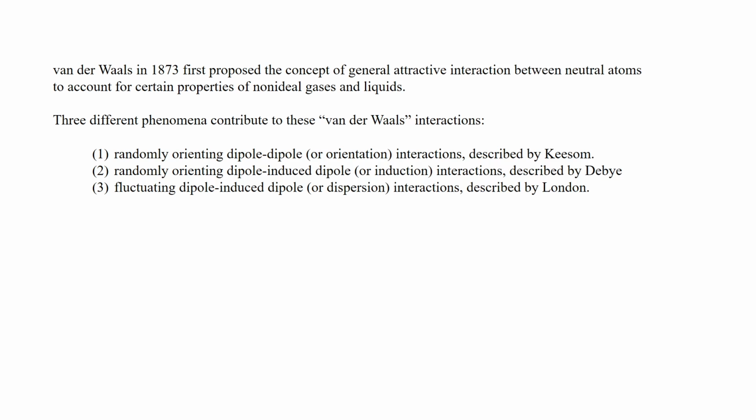Three different phenomena were thought to contribute to these Van der Waals interactions, described by Keesom, Debye and London. All of them involve some dipole-dipole interaction. In one case it is a permanent dipole interaction, in another case it is a permanent dipole and induced dipole interaction, and in the third case it is a fluctuating dipole and induced dipole interaction.